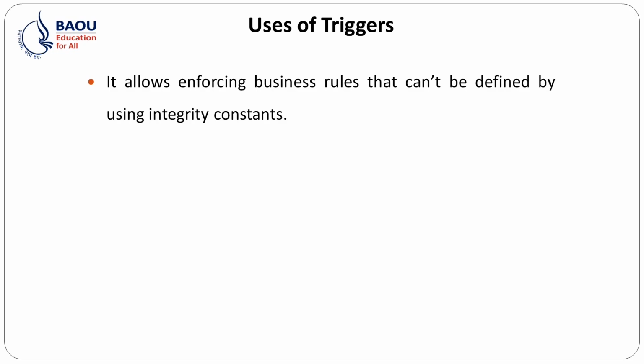That is possible by the trigger, not by integrity constraints like primary key and foreign key. So the business rule constraints are enforced by the trigger. Any necessary constraint we define using the trigger.